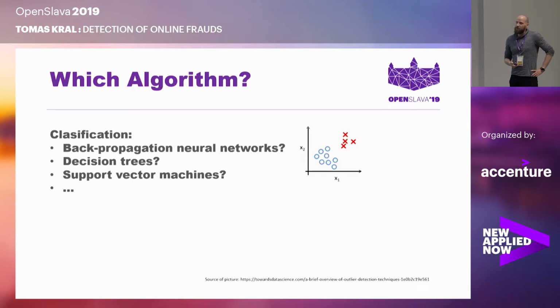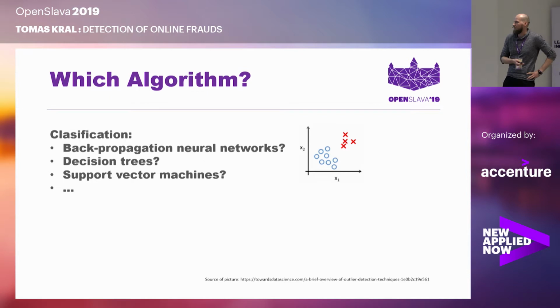It is tempting to address this issue with classical algorithms like neural networks, decision trees, or support vector machines. These are classification algorithms which need a lot of data, and they can learn from data. But in this case, it will not work. Why? Because we have a lot of transactions and logins, but only a few frauds.